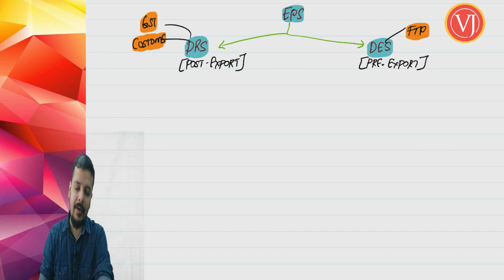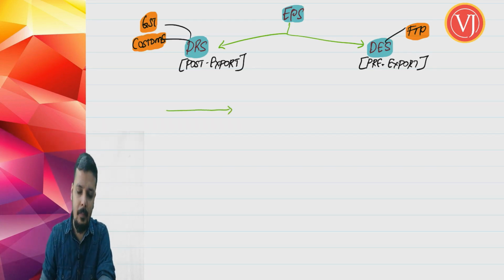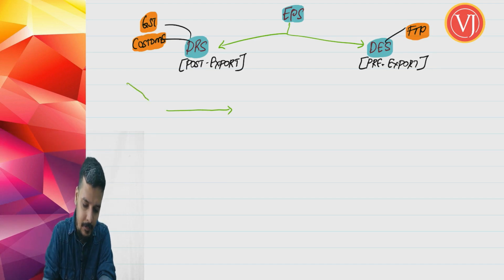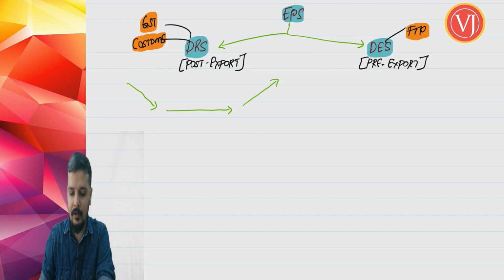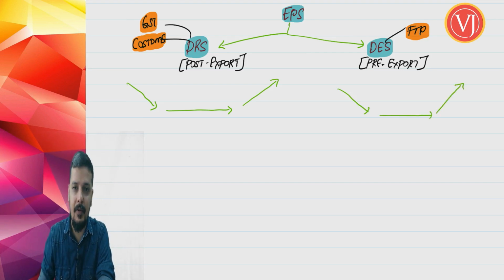To make things very clear, if I am talking about the duty remission scheme, I am talking about a scenario where you import and then you export. You import, you pay import duty. Then you export, you get the refund.